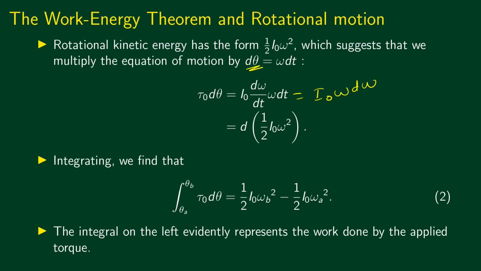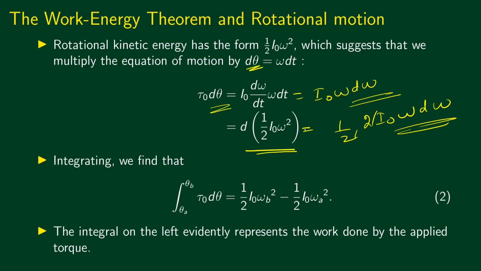Now we can easily write this as half I0 omega square, because if you take its derivative, you see that this is equal to half 2 I0 omega d omega. So that gives you I0 omega d omega, which is exactly what we have here. So tau 0 d theta can be written as d of half I0 omega square. Now you integrate this from theta A to theta B, the two angular positions, the initial orientation and the final orientation.